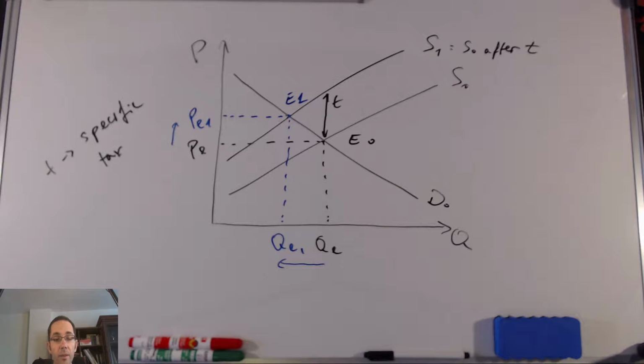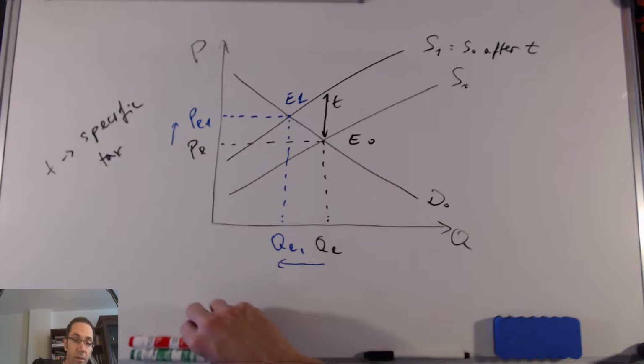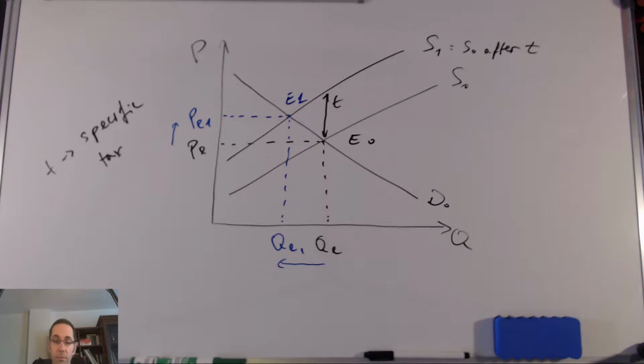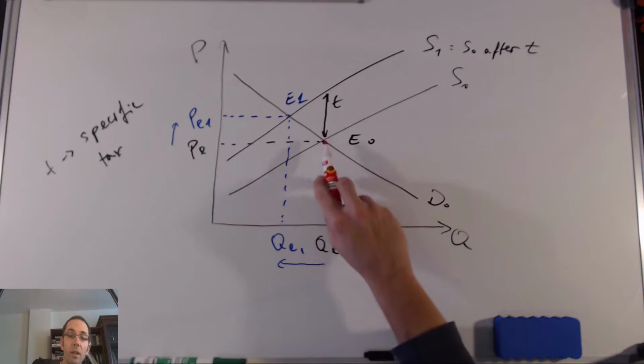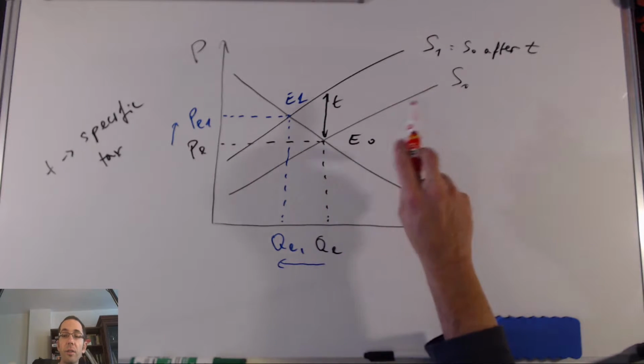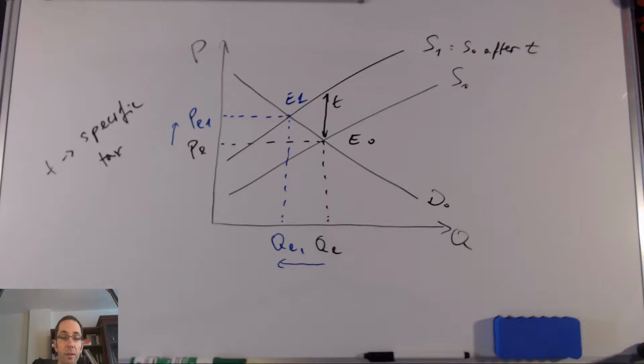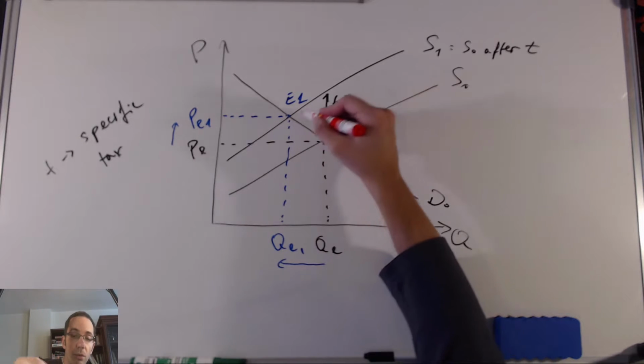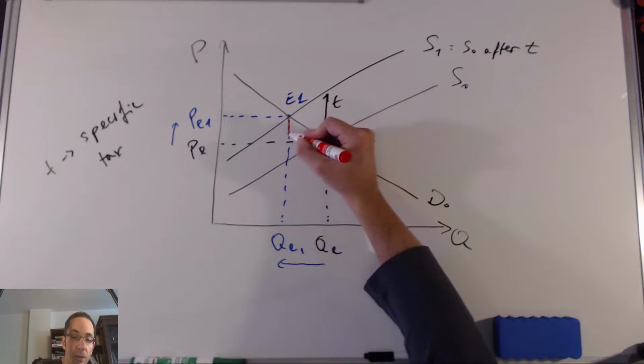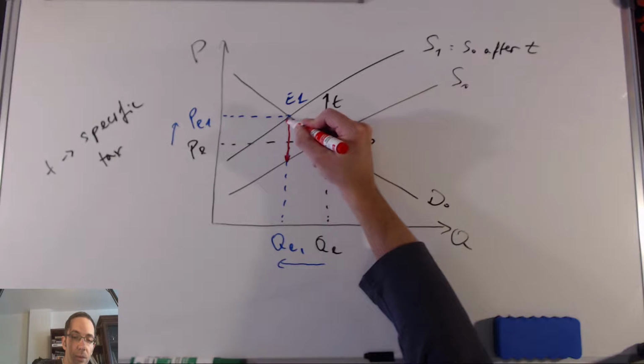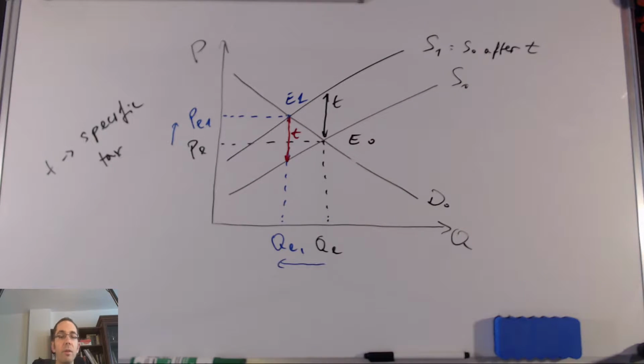Okay, let's start first by showing the total tax revenue that the government is going to collect. If you remember, we already said that the vertical difference between S0 and S1 will be equal to our tax. So this T is identical to this T over here. The two of them should be equal.